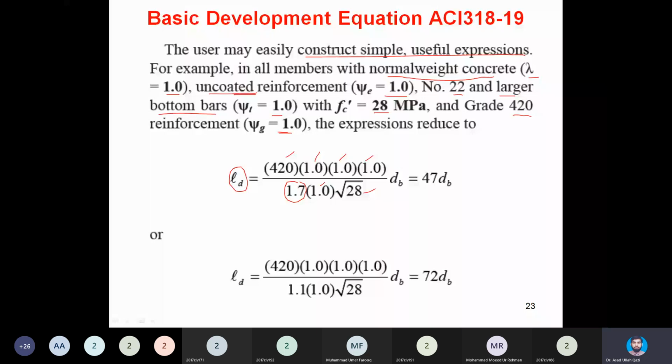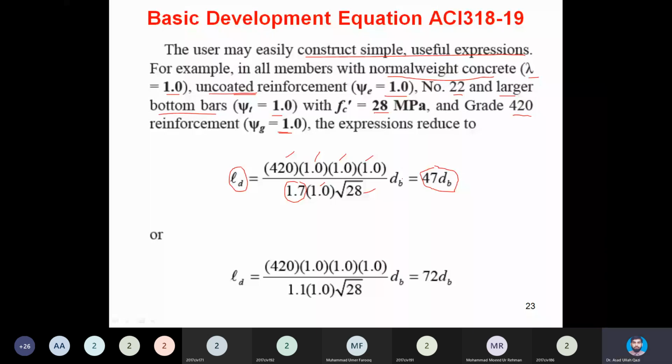Once I simplify, I get a very useful expression that on this project of steel and concrete grade 420 and 28 megapascal respectively, I have a demand of straight deformed bar in tension equal to 47 times db.